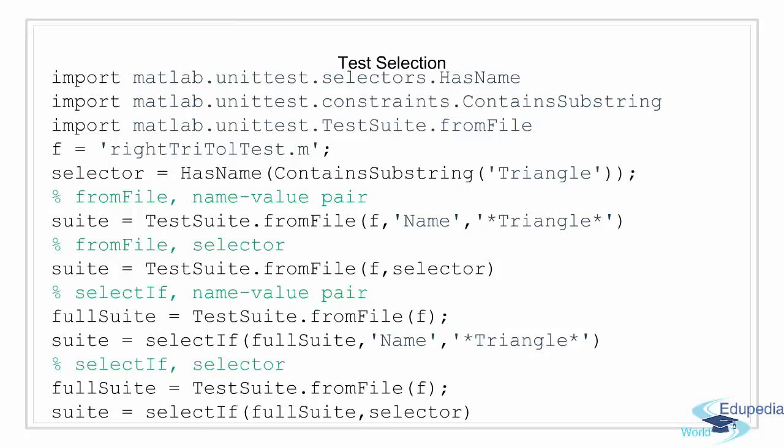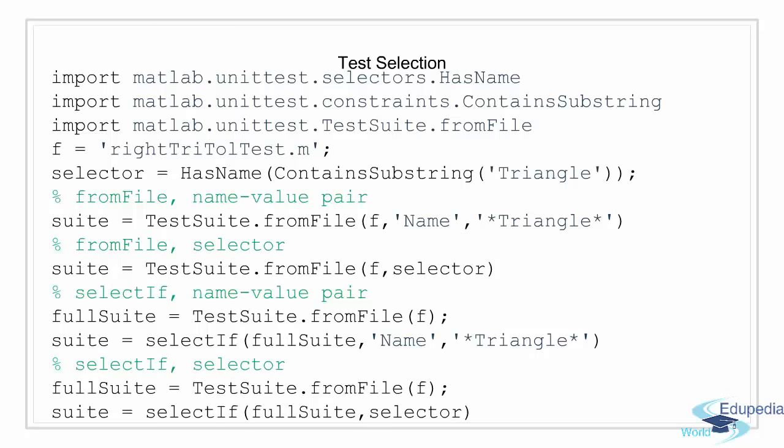Then you can use a selectors instance and an optional constraint instance. You can use these approaches in a suite generation method such as from file, or create a suite and filter it using the testsuite.selectIf method. For example, in this listing, the 4 values of suite are equivalent. The first is a name value pair where the test is selected using the name and triangle.